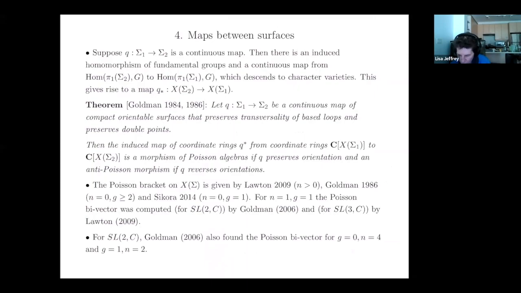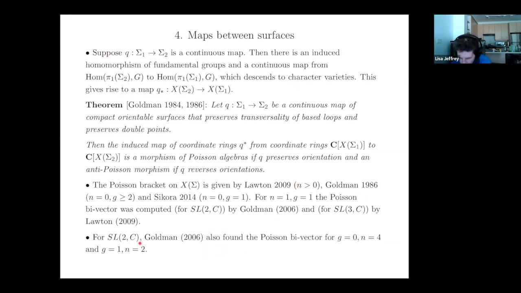So the Poisson bracket, the Poisson bivector, was computed for G equals SL2C. The Poisson bracket was defined by Goldman in the case of no boundary and genus greater than or equal to 2, and for no boundary, genus 1 by his student Adam Sikora, and by Sean Lawton in the case when there are boundary components.